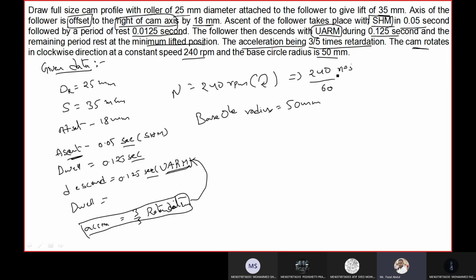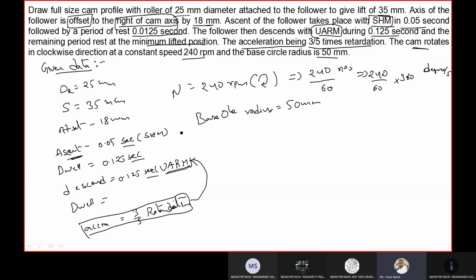Now this RPS we need to convert into degrees per second: 240 by 60 into 360. So now it is converted, and this total value is in degrees per second. This is nothing but the motion of the cam.